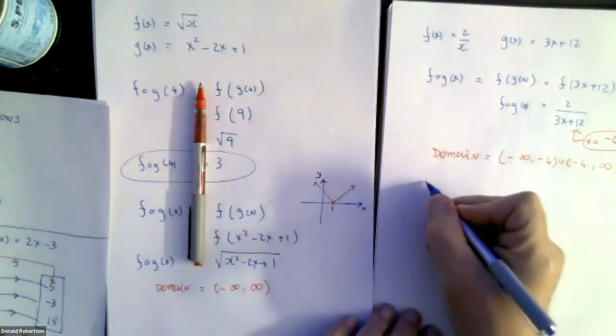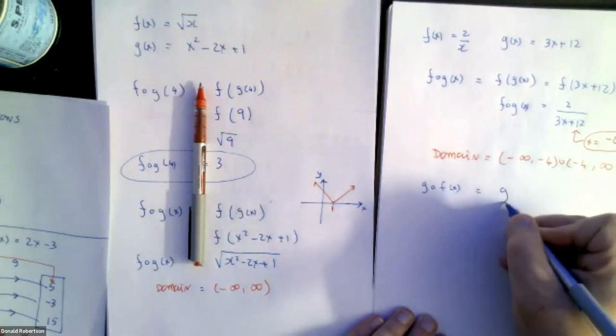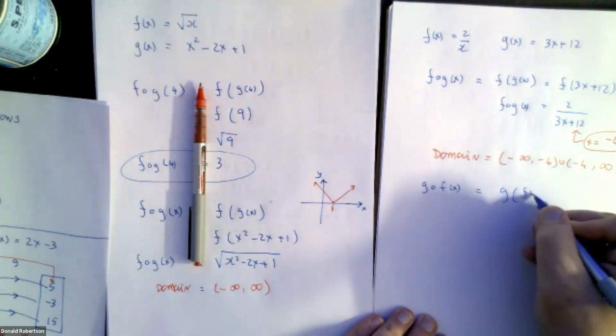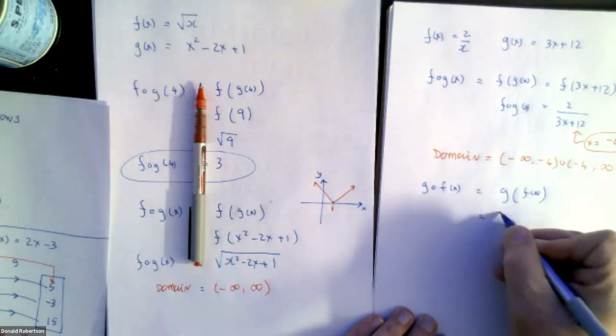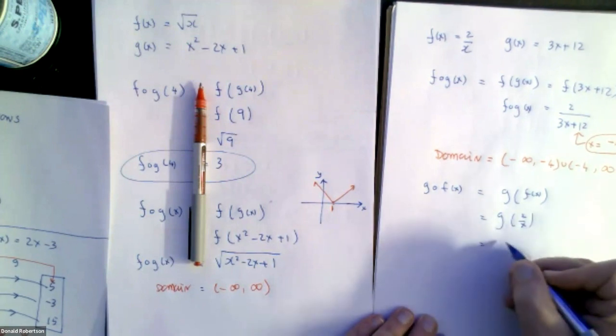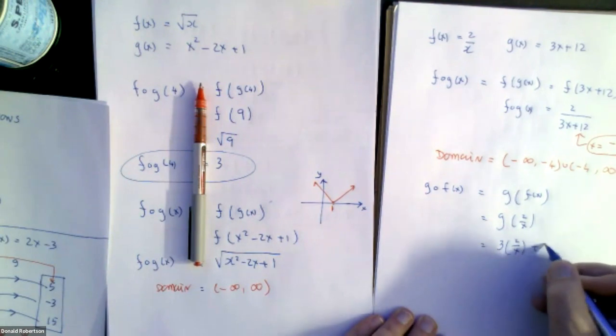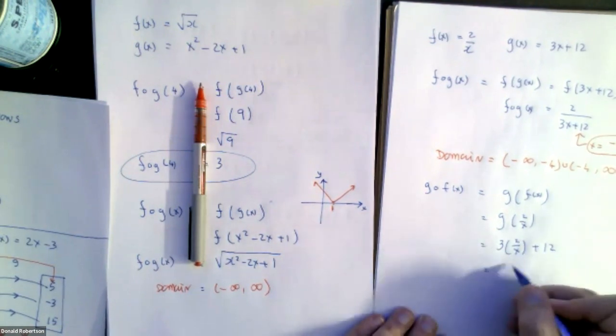Let's switch the order. Let's do g of f of x. That's g of 2 over x. And that becomes 3 lots of 2 over x add 12. Now you could make it slightly pretty.